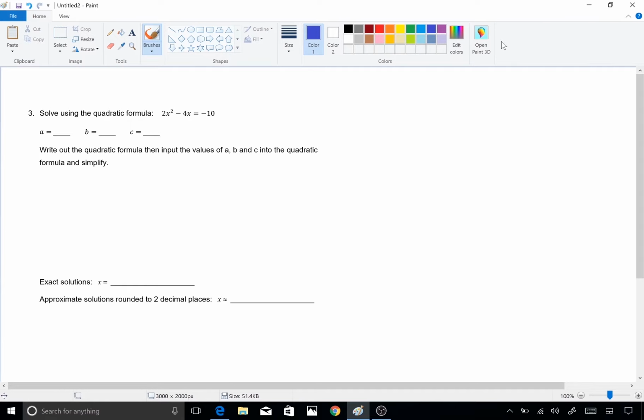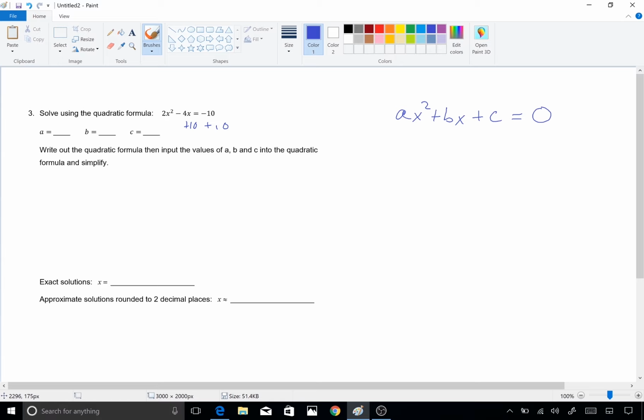Here's another one. 2x squared minus 4x equals negative 10. The first thing we need to do is add 10 to both sides, because the quadratic equation we need is ax squared plus bx plus c equals 0.